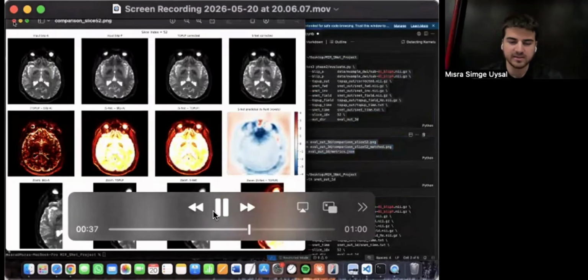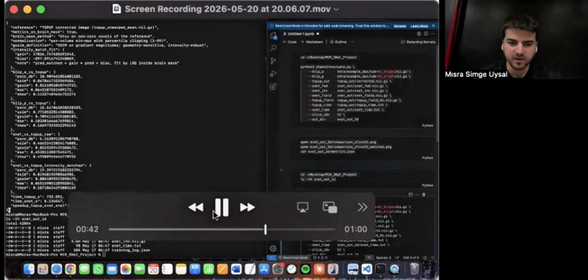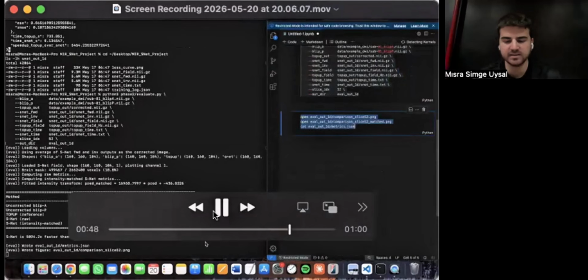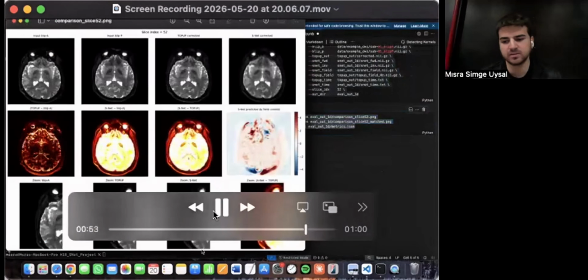Evaluation shows 18.48 dB for intensity-matched PSNR, 0.84 for SSIM, and 0.8 for gradient SSIM. The inference speedup is about 5,000.